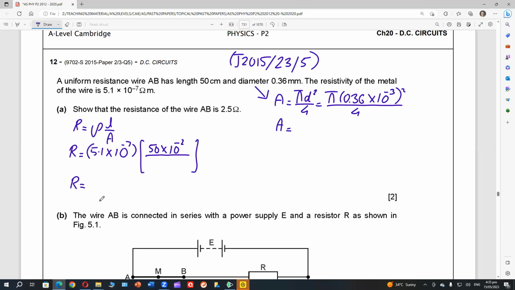It is coming as 2.5 ohm. Acha, final answer. Yes.